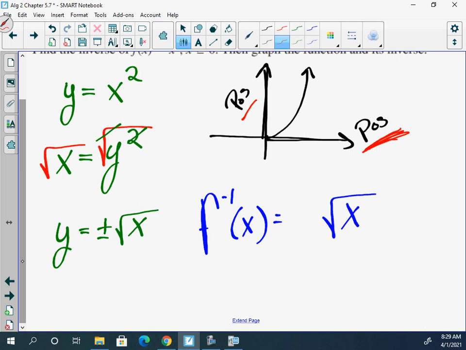It's just f inverse of x is the square root of x. By our standard operations, because we square rooted both sides, we need the plus or minus, but we don't need it because we restricted this function to only being greater than or equal to 0. And what this will look like is they're going to start here, and it's going to go this way here.